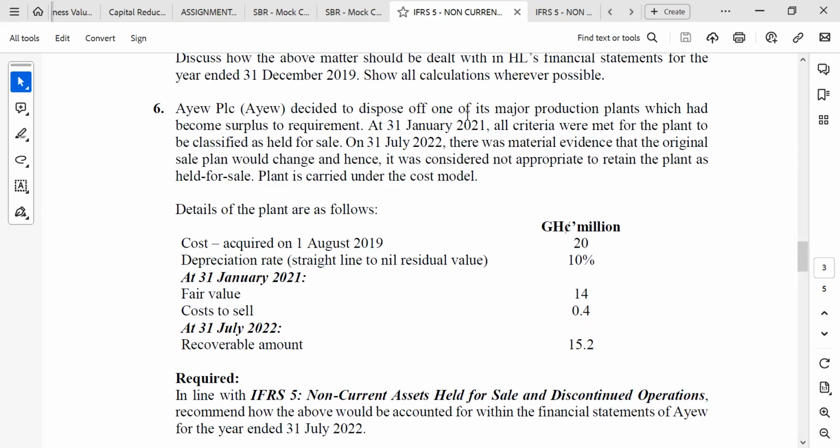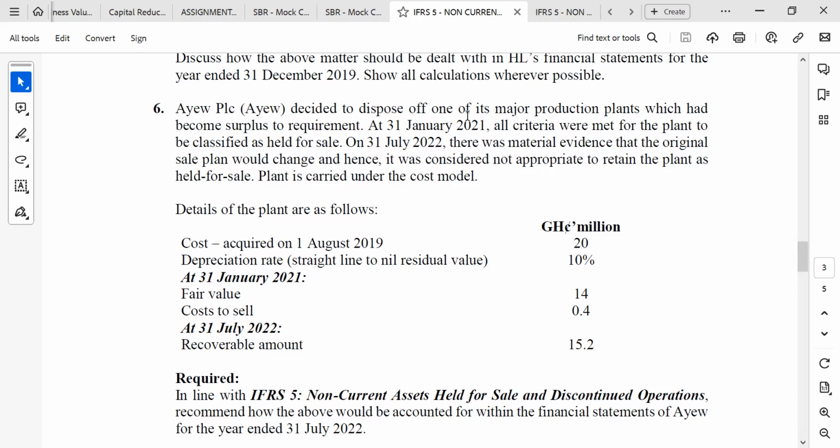IU PLC decided to dispose of one of its major production plants, which had become surplus to requirements, at 31st January 2021. All criteria were met for the plant to be classified as held for sale. On 30th July 2022, there was material evidence that the original sale plan will change, and hence it was considered not appropriate to retain the plant as held for sale.